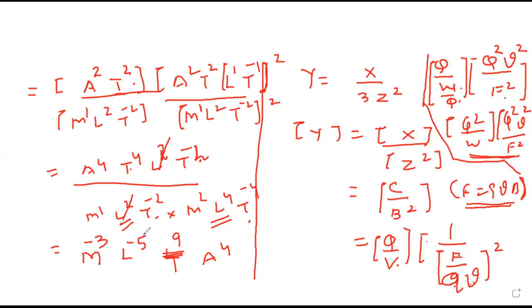L raised to 4 goes up minus 4. Then minus 2, minus 4, minus 6 goes up plus 6. 4 and 6, 10. 10 minus 2, 8. M minus 3, L minus 4. Here it is given minus 2. L2, L4 is L6. Okay, again I'm clearing fully and then explaining. Wait.